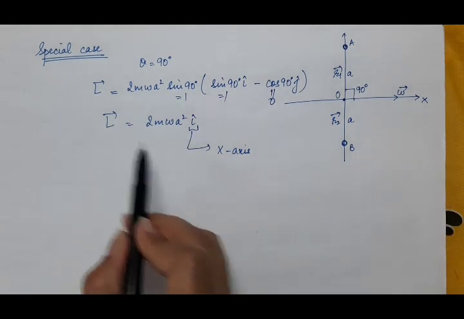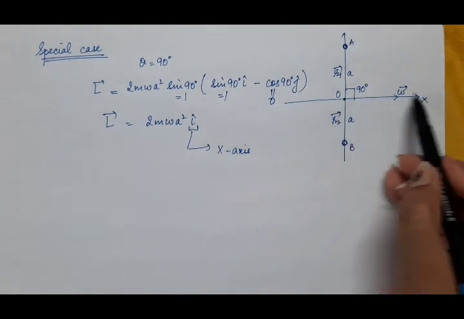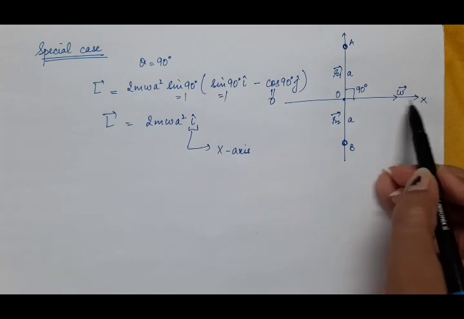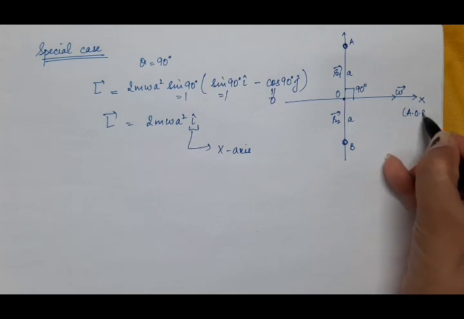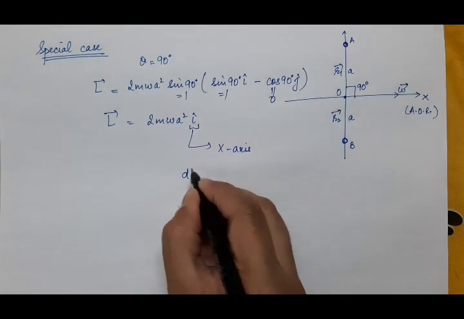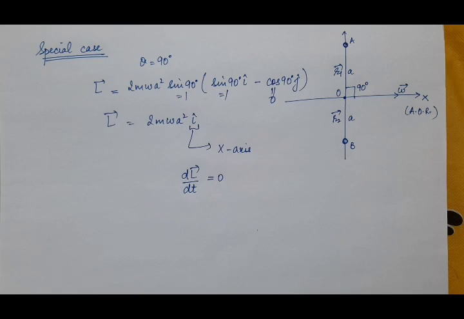And if the direction of L is constant, here it coincides with the axis of rotation. In that case, L will coincide with the axis of rotation, that is the x-axis. This is the axis of rotation. It means its direction is not changing. If its direction is not changing, then dL by dt will be 0. You can also calculate it.